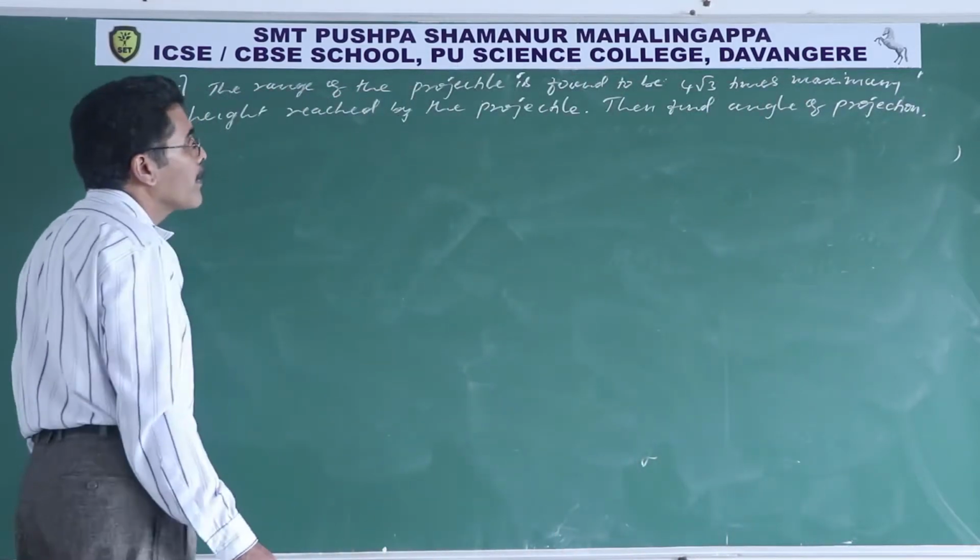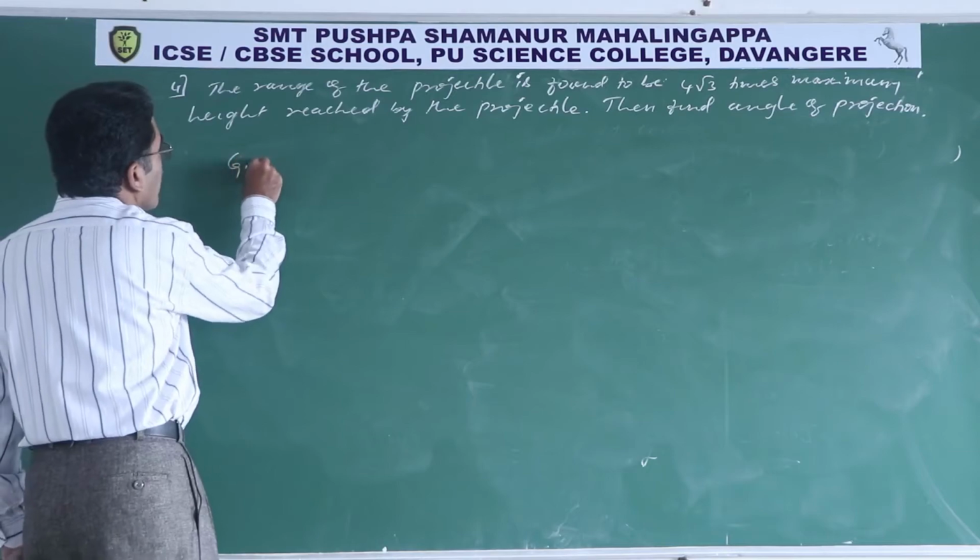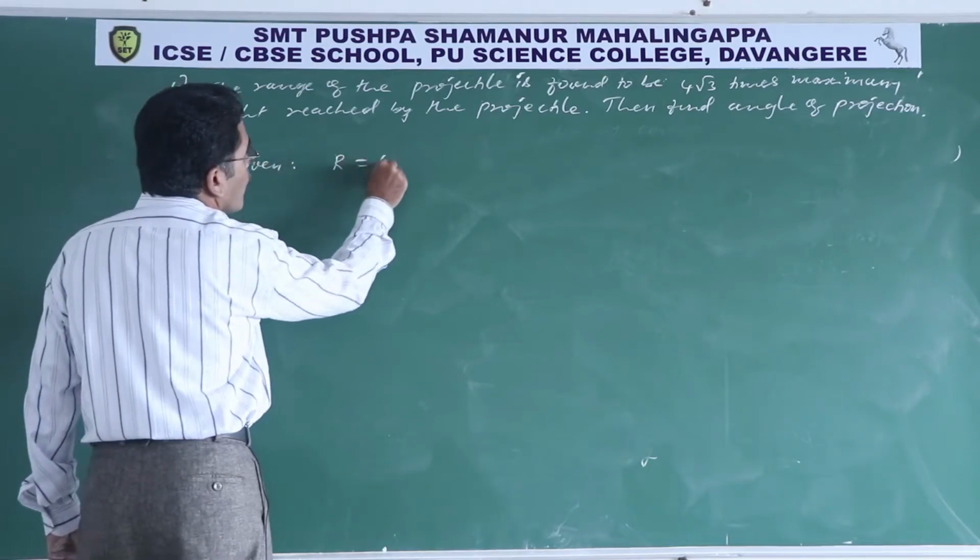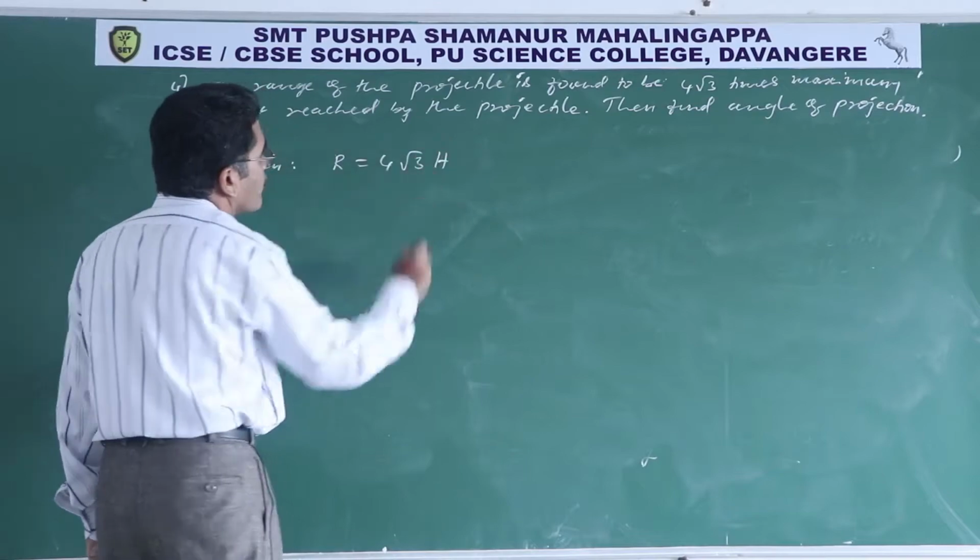See here they have given R is equal to 4 root 3 times H.